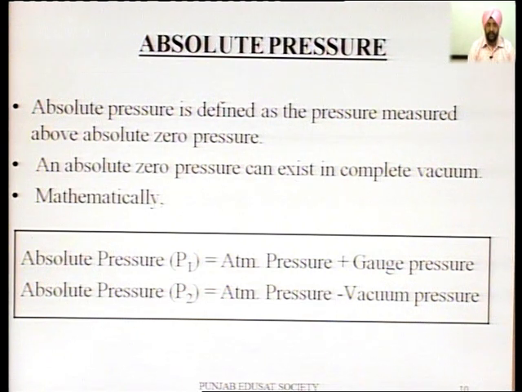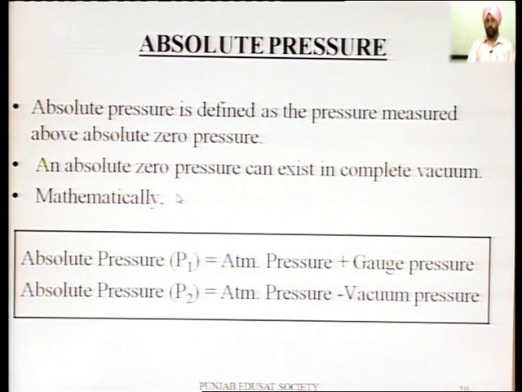Very important, this absolute zero pressure exists in complete vacuum. We are very familiar with the term vacuum, the space having no air, and this absolute zero pressure can exist in complete vacuum.